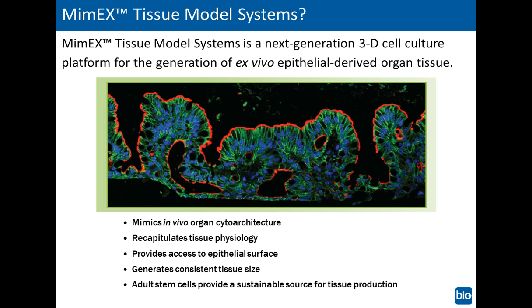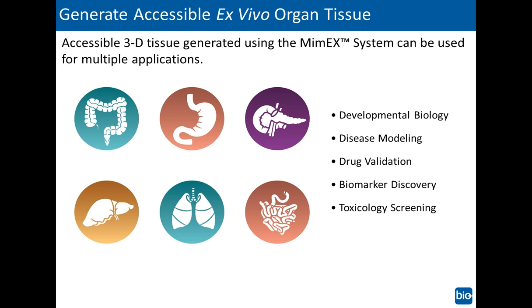And it's for the generation of ex vivo epithelial-derived organ tissue with benefits including in vivo-like architecture and physiology, accessible epithelial surface, consistency in the tissue size and differentiations, as well as having a sustainable source of tissue production in adult ground state stem cells.